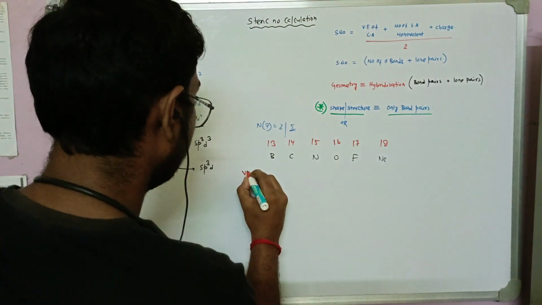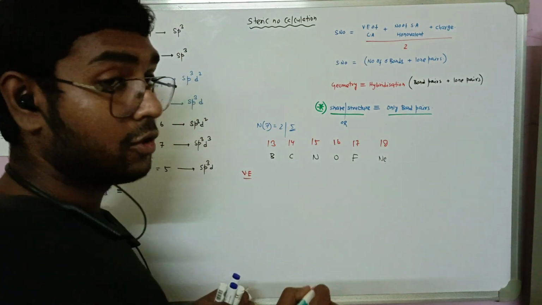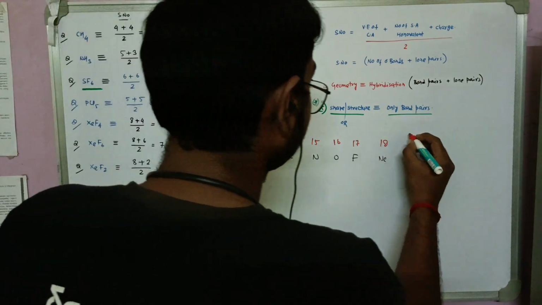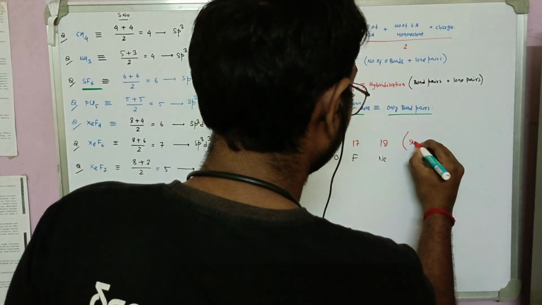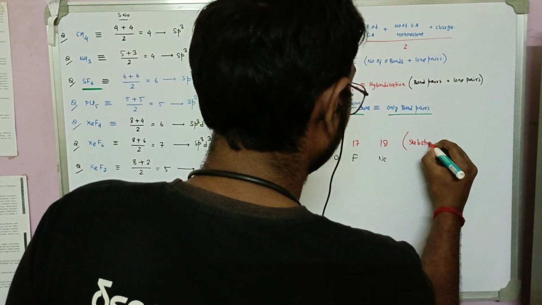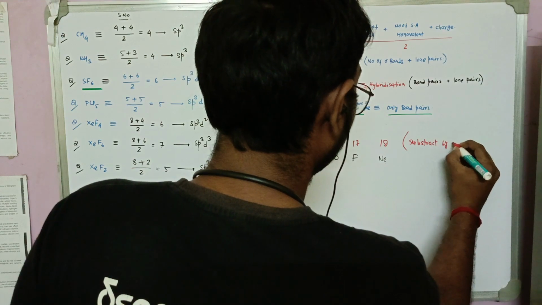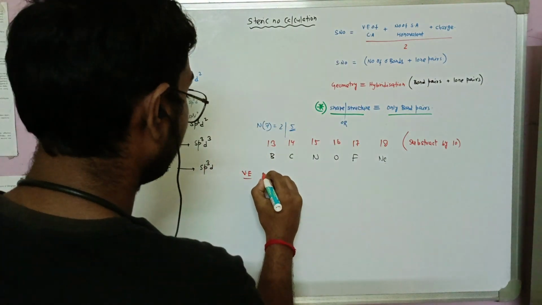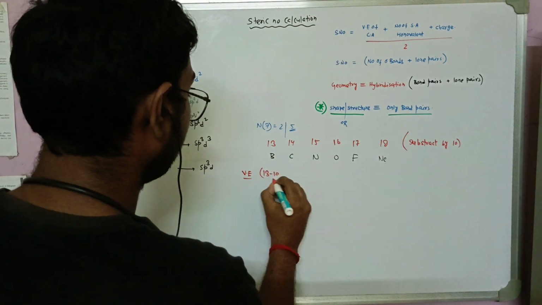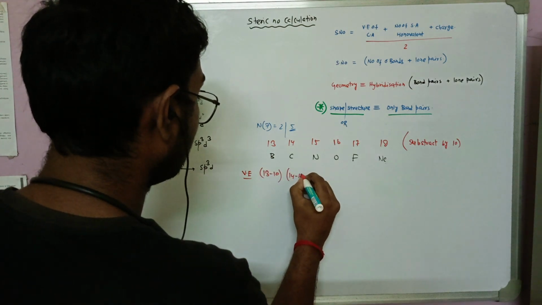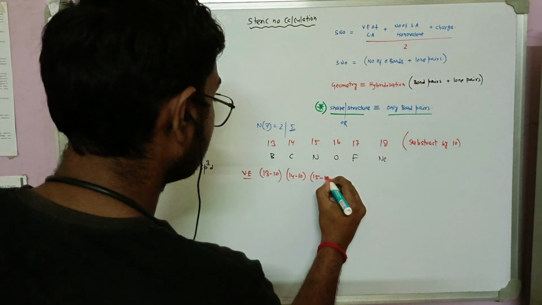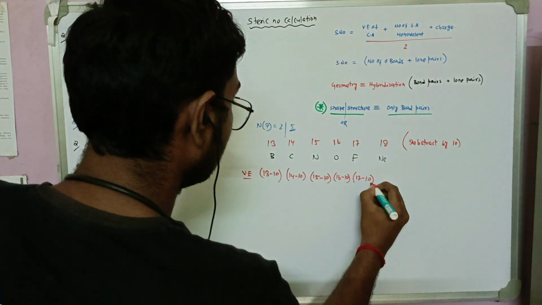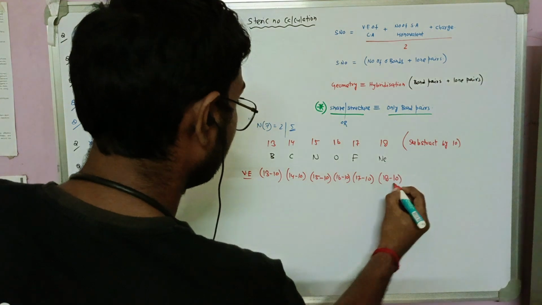Now if we talk about the valence electrons, we have to subtract 10 from the group number. Okay, so let's write over here: 13 minus 10, 14 minus 10, 15 minus 10, 16 minus 10, 17 minus 10, and last of all 18 minus 10.